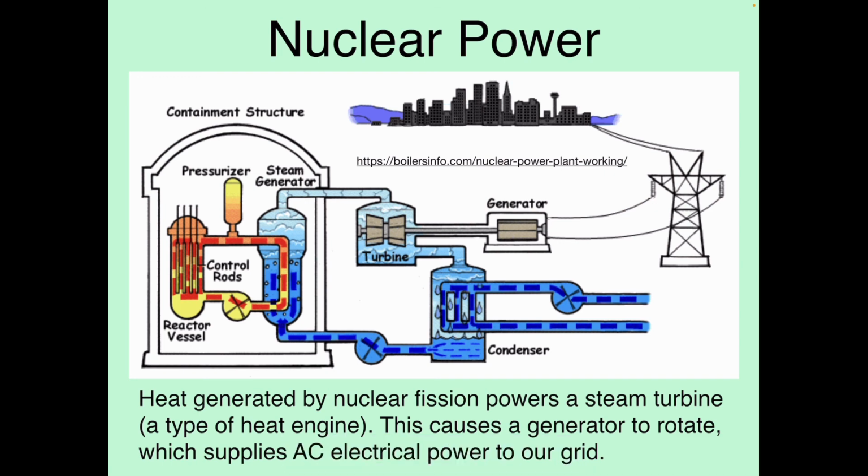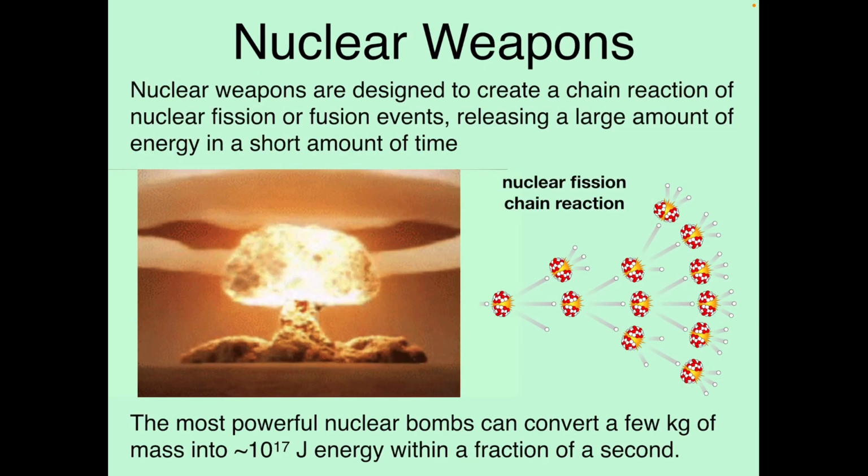So this is what's going on inside of a nuclear power plant. So as we've seen, nuclear reactions can release a lot of energy. Now, if these reactions happen very slowly and in a controlled environment, we can actually harness that energy that's released to power our electrical grid.